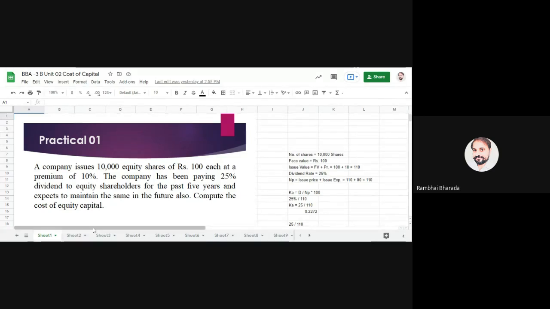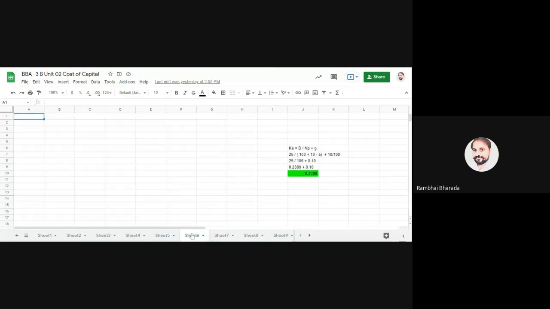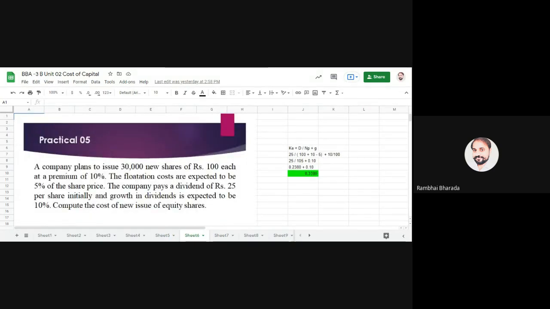Okay. Second method, method number 2, that is dividend price plus growth approach. Here growth means G. So for your easy understanding, जब भी G आएगा यानी कि जब भी गर्लफ्रेंड आएगी तो हम कौन सी मेथड अप्लाई करेंगे? सेकंड.